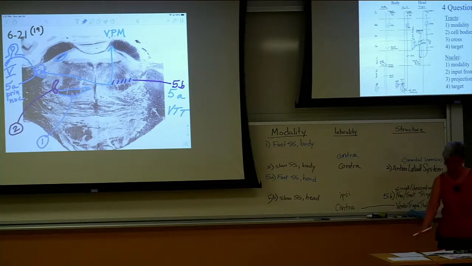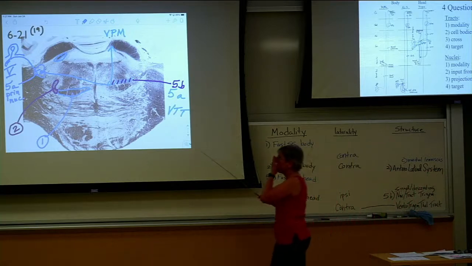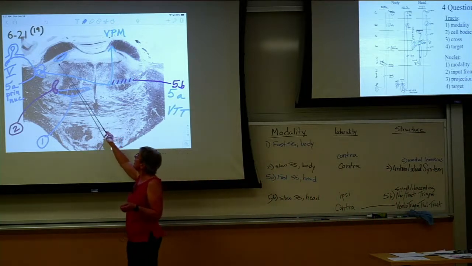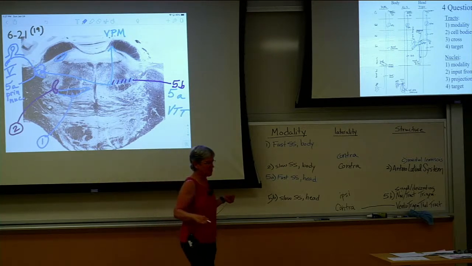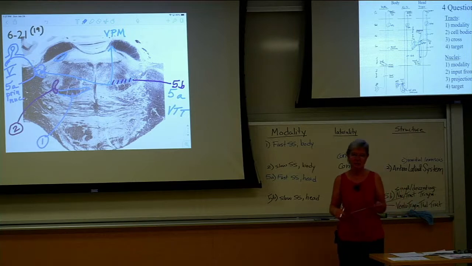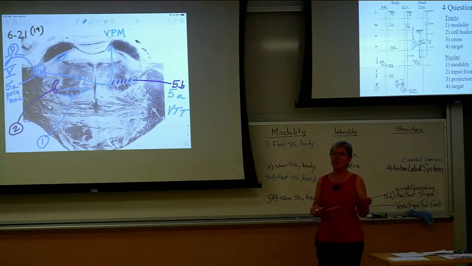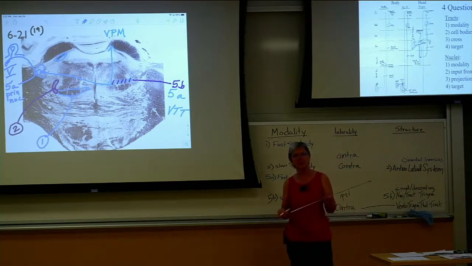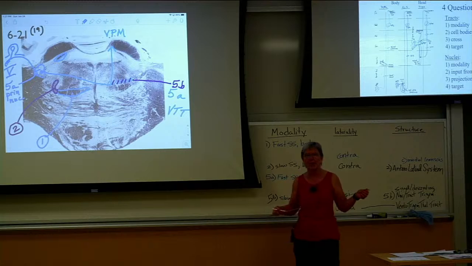Okay, and you might notice there's one more structure highlighted on this slide, and this is one of our oddball situations in neuroanatomy. So, primary sensory afferents have their cell bodies located in what sort of structure? Pause if you need to. They're supposed to have their cell bodies in a ganglion, and the vast majority of them do.